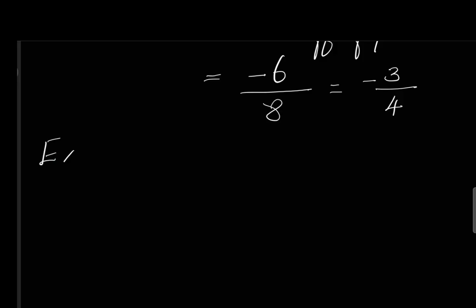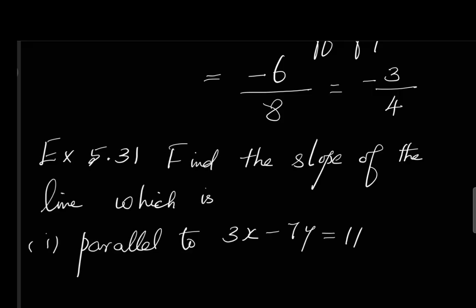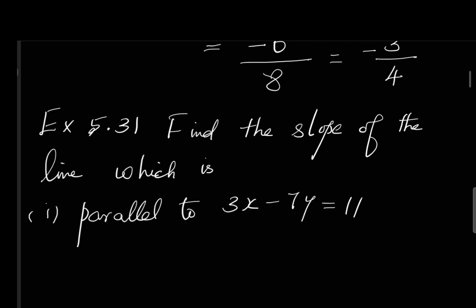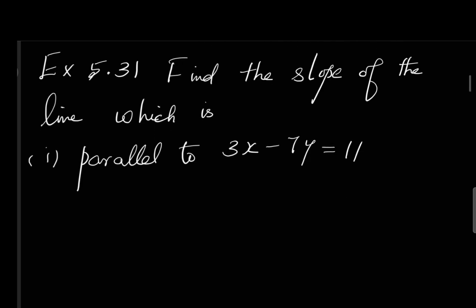Next example 531. Find the slope of the line which is parallel to 3x minus 7y equal to 11. So first find the slope of this given line.